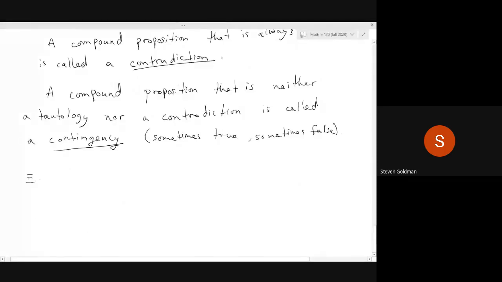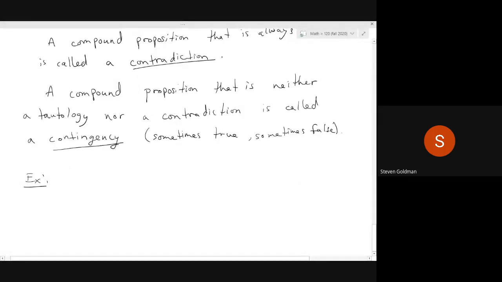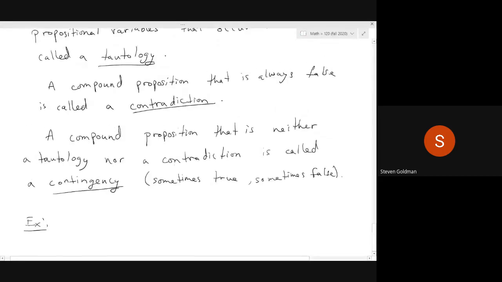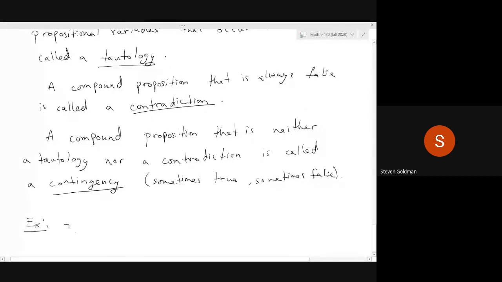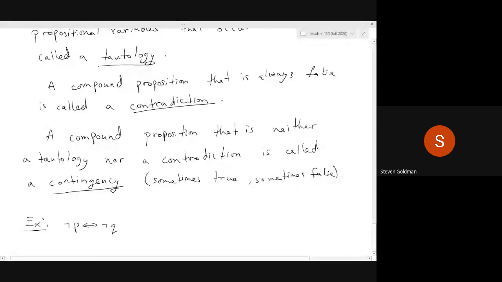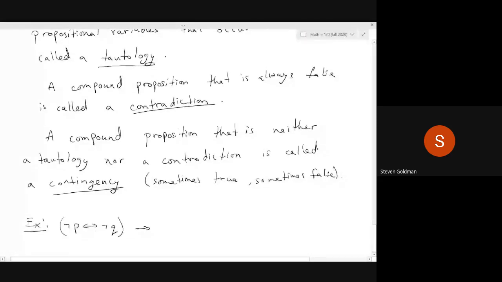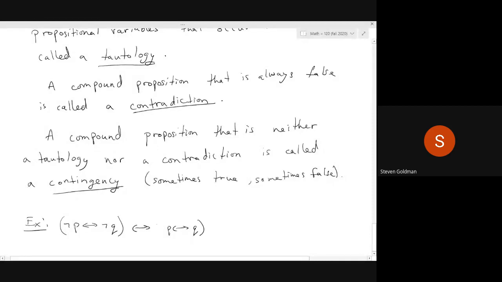For example, we already saw one example of a tautology earlier today. From one of the homework problems, we had the example of not P if and only if not Q, if and only if P if and only if Q. That was a tautology because it was always true.